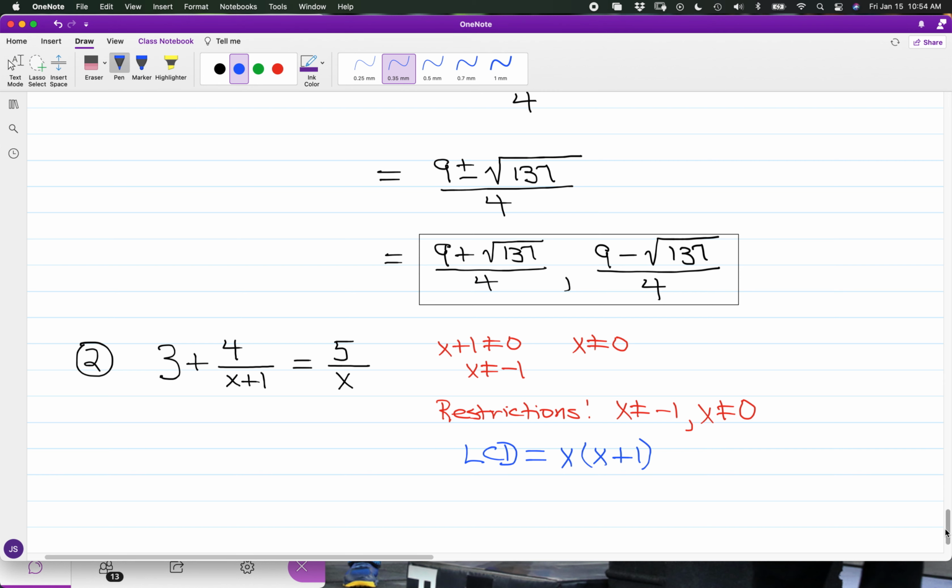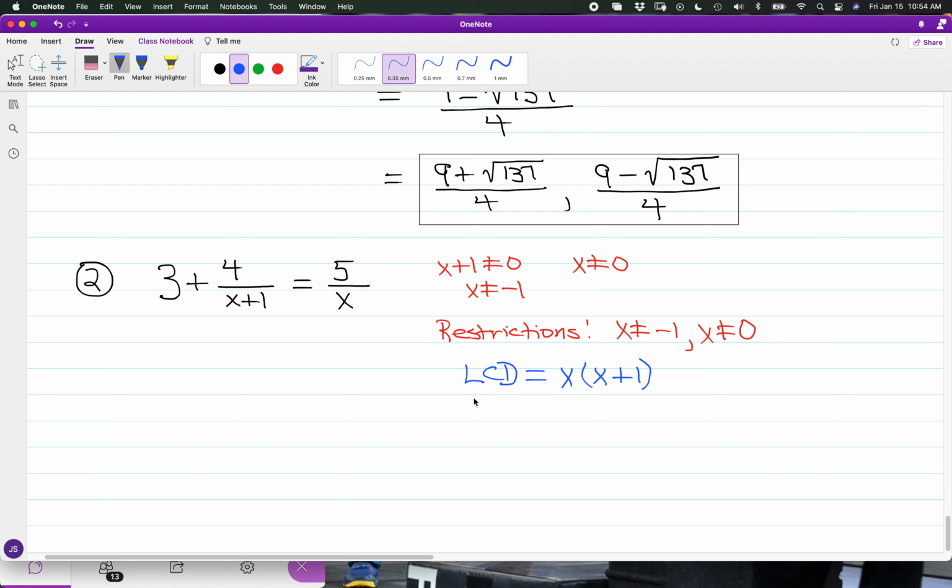I've been asked, when do you write the fractions in terms of the LCD, and when do you clear out the fractions by multiplying by the least common denominator? You clear out whenever you have an equation. But if you were just combining terms, I would write 3 as a fraction with x and x plus 1 on the bottom. Since I'm solving an equation, I'm looking at removing any denominators.